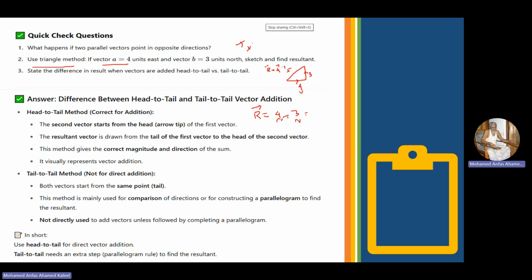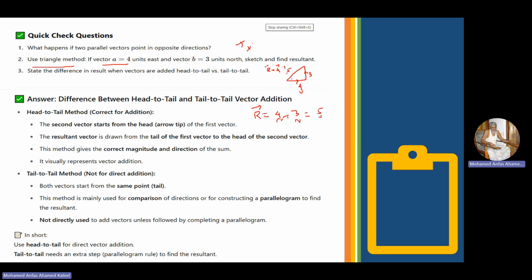It means vector 5, but having different directions. You cannot simply say 4 plus 3 is 7. Using the Pythagoras theory or the parallelogram theory, we add these two vectors. The magnitude is 5.